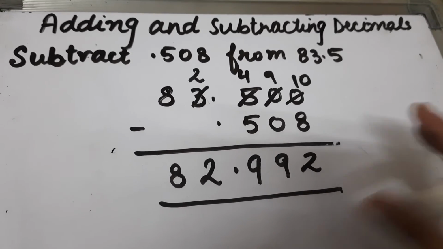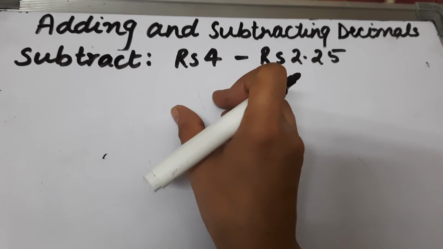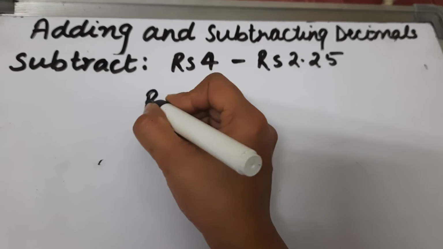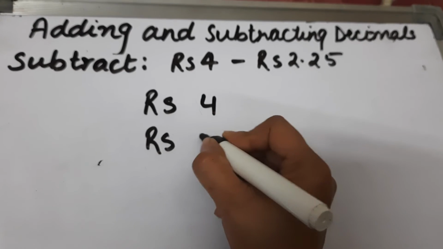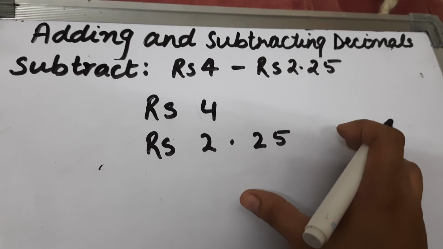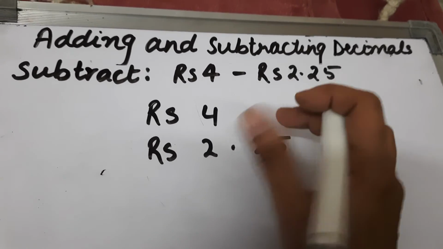I explain one more example. The question is: subtract rupees 2.25 from rupees 4. We arrange all the decimal points in line.